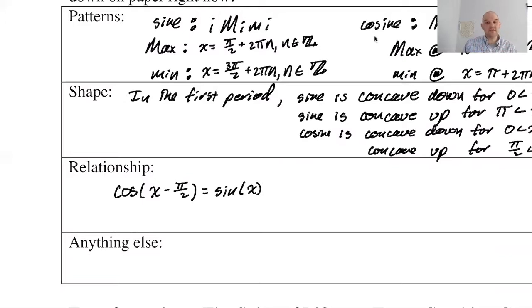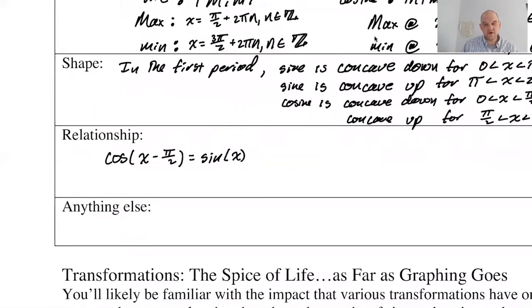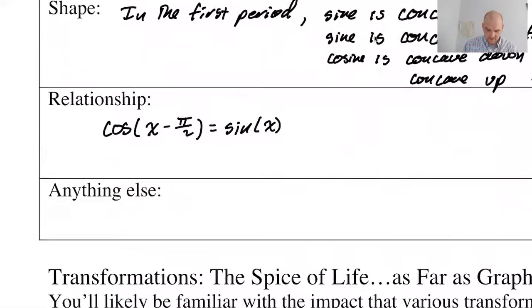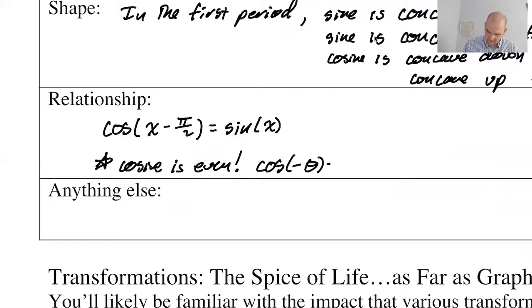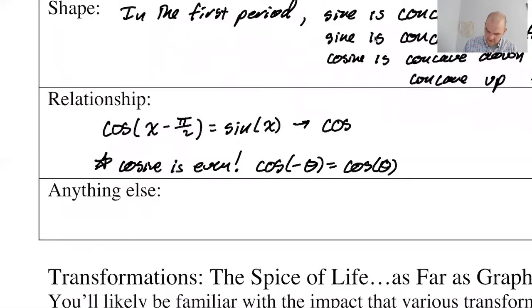Well, that's really interesting because that is almost the cofunction identity. Now, cosine is even, which means that the cosine of negative theta equals the cosine of theta. So from here, I could factor a negative out and get the cosine of pi over 2 minus x is equal to the sine of x.